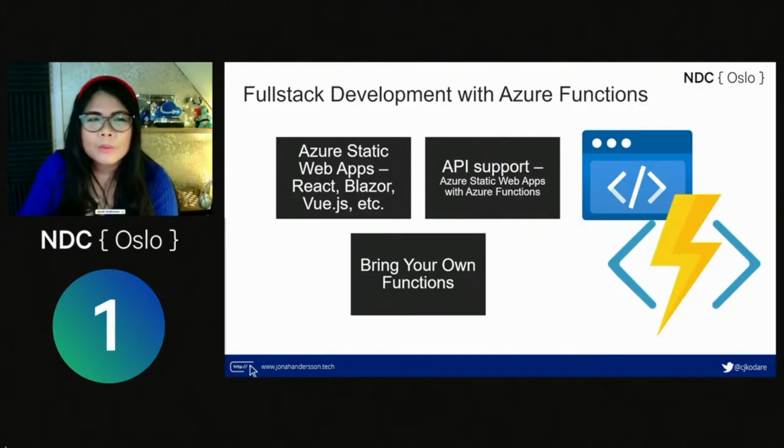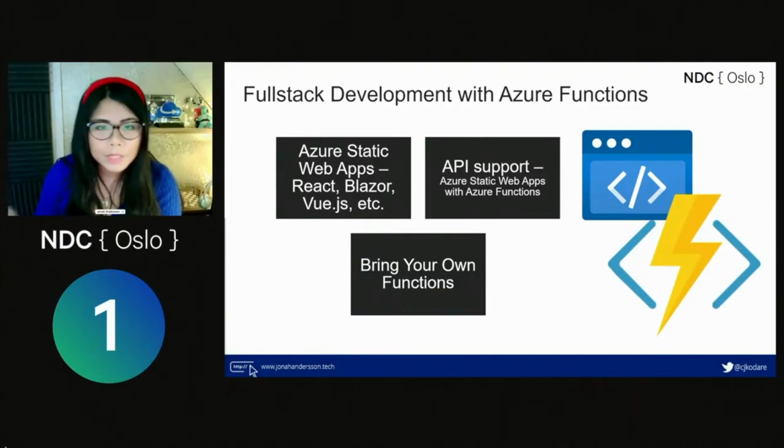And if you're into full stack development, that's one of the great things with serverless and Azure Functions, because you can integrate it with almost everything, and you can also integrate it specifically with Azure Static Web Apps.